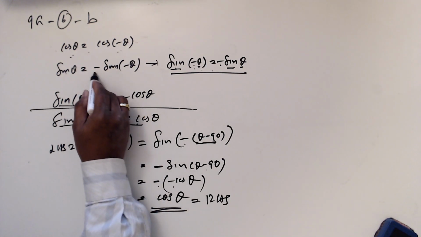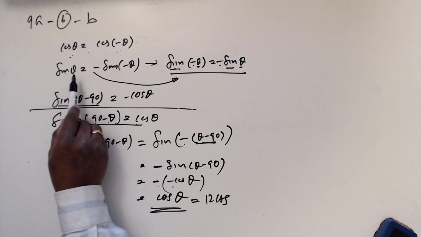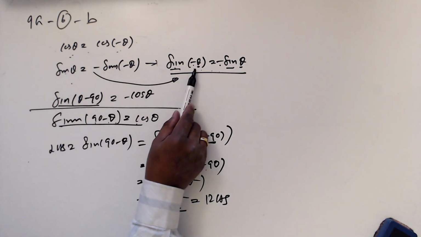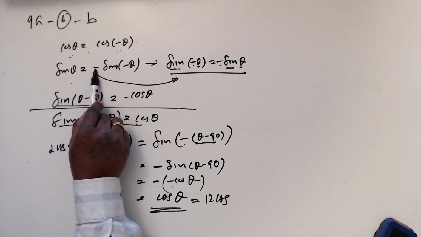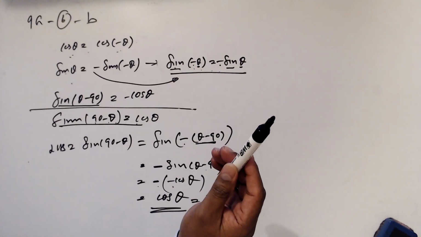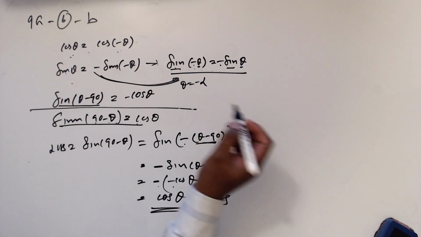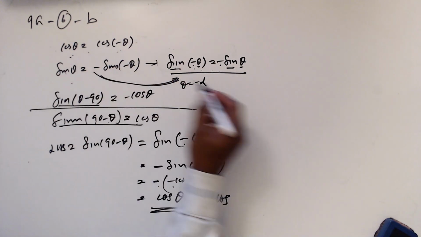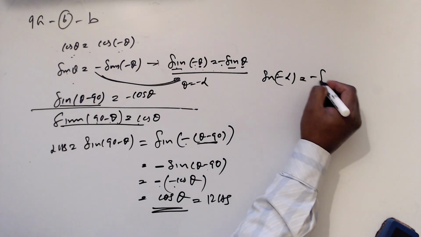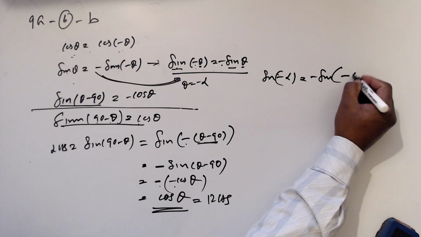For example, how do you prove from here to here? I show this one. Instead of theta, if you put minus theta, minus alpha, what will happen? This becomes minus alpha, and this is minus sine. Minus alpha becomes positive alpha. So what is the substitution to show this one? Theta equals minus alpha. Then you will get this one. So sine minus alpha equals minus sine theta, meaning minus alpha again.